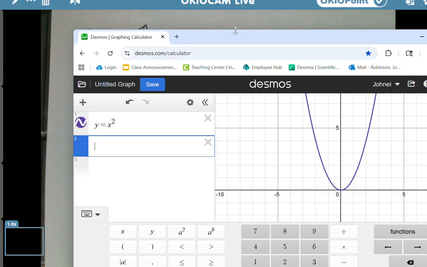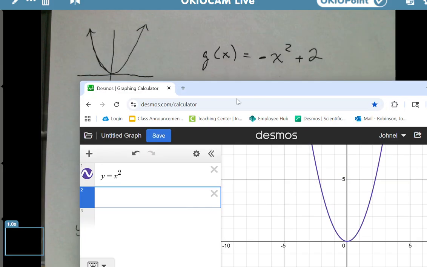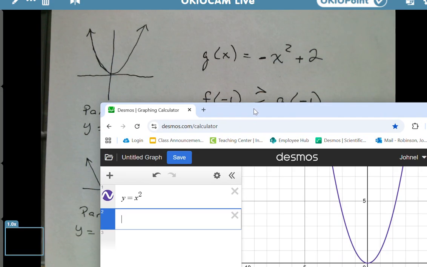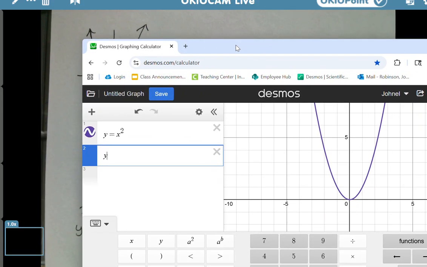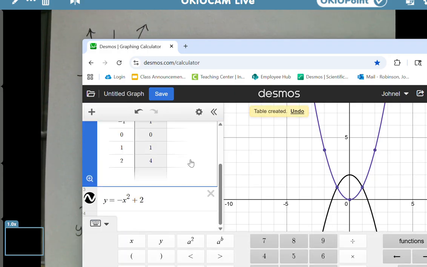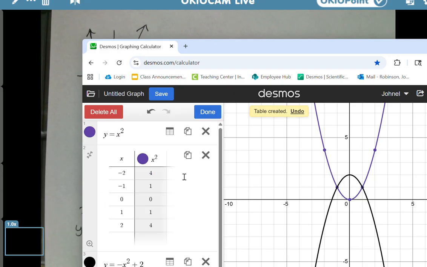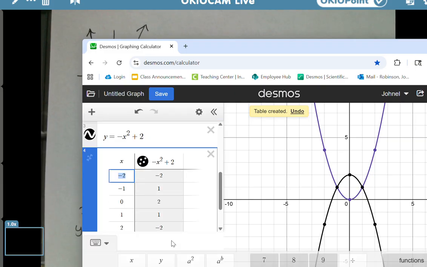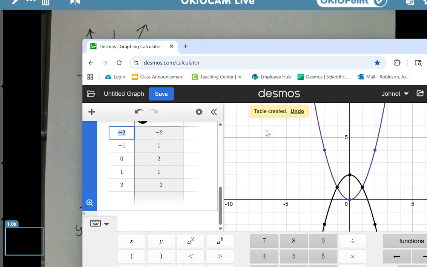The second function is y equals negative x squared plus 2. Okay, so now we have both functions. They are actually the same value at negative 1, and they are the same value at 1. That's interesting. Alright, come to the tables. Get this table as well. And let's make some comparisons.